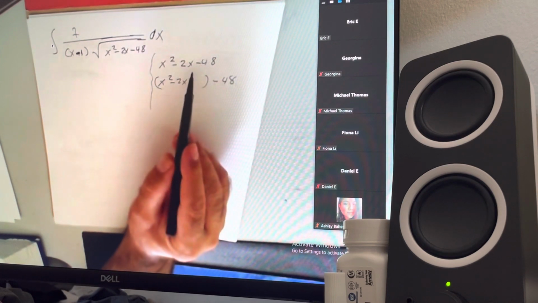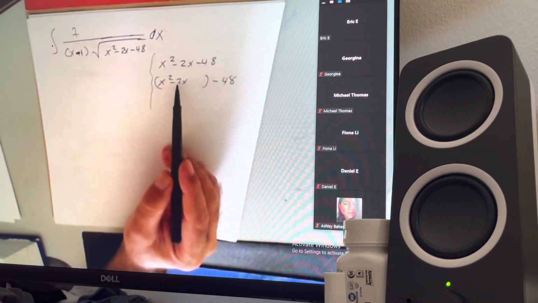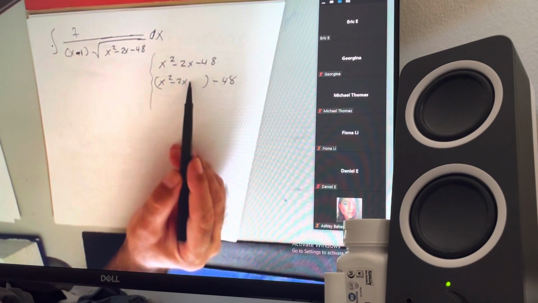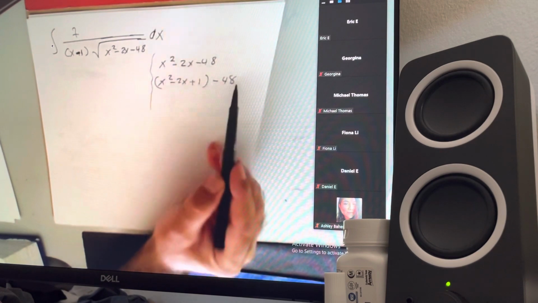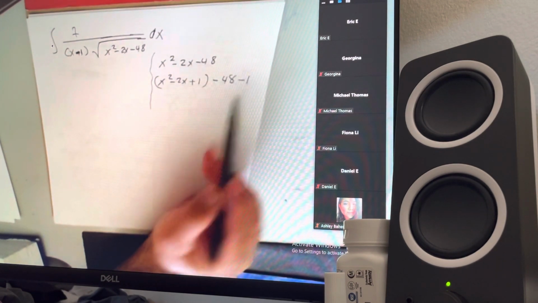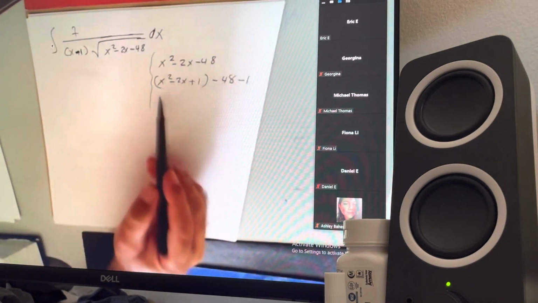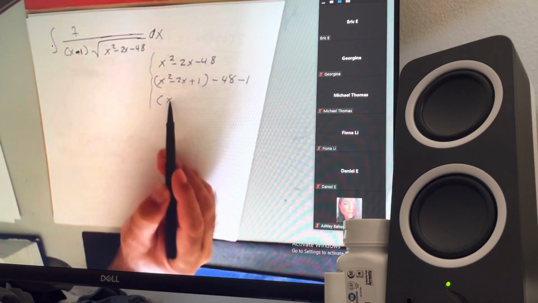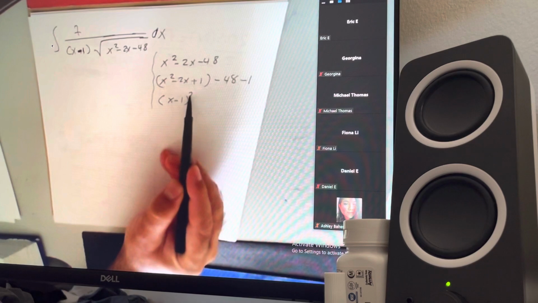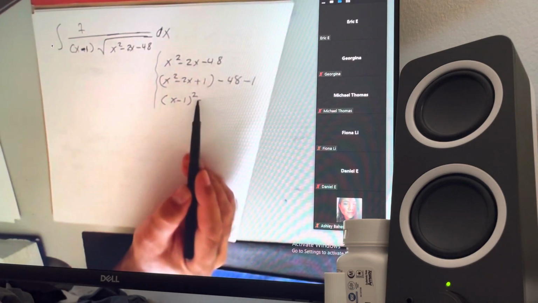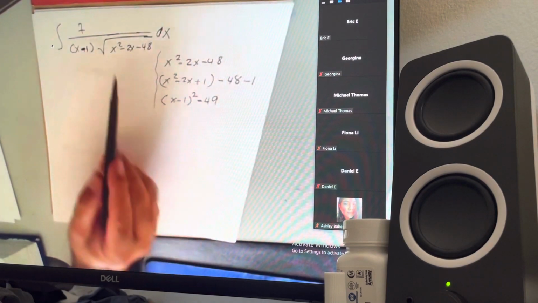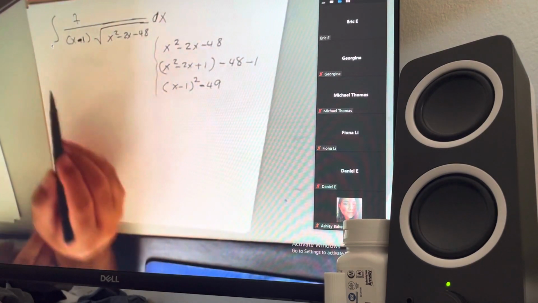Take this number divided by 2, which gives you negative 1, and square it, so that is plus 1. Here you have to put the opposite of that. Now this gives you a perfect square, which is the same as x minus 1 squared. The other term gives you 49, which is also a perfect square. So now we have perfect squares on both sides.